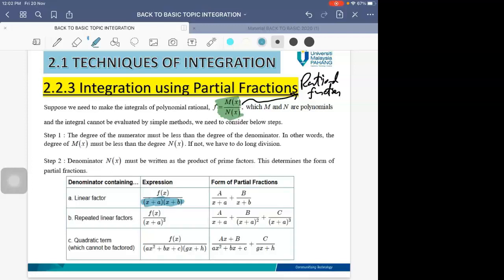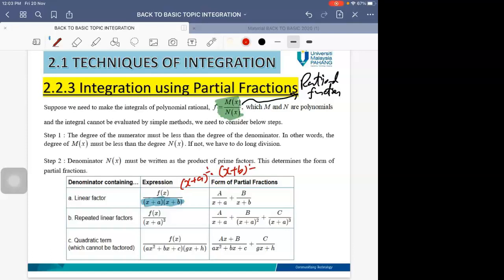Linear factor means you have a function of degree 1 multiplied with another function of degree 1. For example, (x plus a) to the power 1 multiplied with (x plus b) to the power 1. This we call a linear factor, because the highest power is 1.